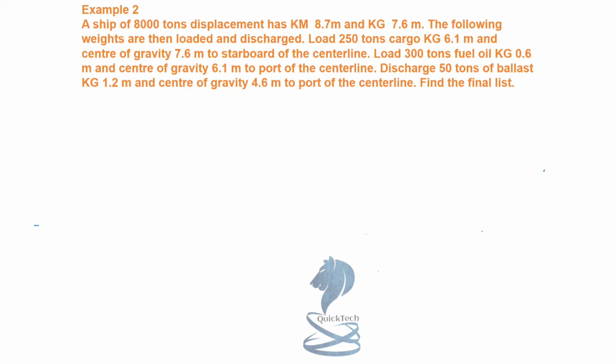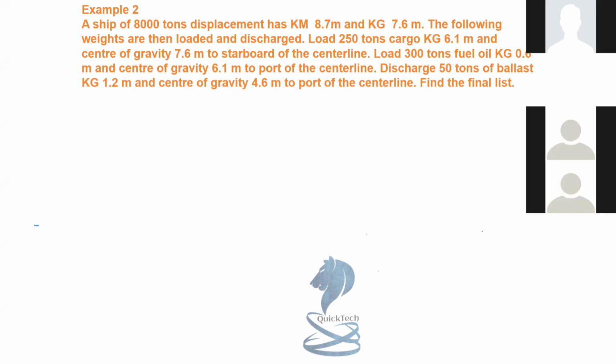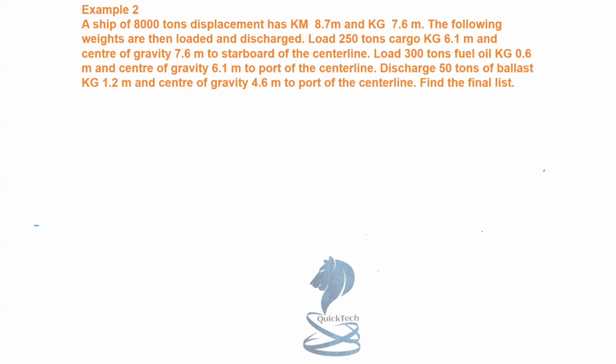Loaded 250 tons of cargo, KG 6.1 meters and center of gravity 7.6 meters to the starboard side of the center line, and load 300 tons of fuel oil, KG 0.6 meters and center of gravity 6.1 meters to the port side of the center line. Discharge 50 tons of ballast, KG 1.2 meters and center of gravity 4.6 meters to the port of the center line. Find the final list.